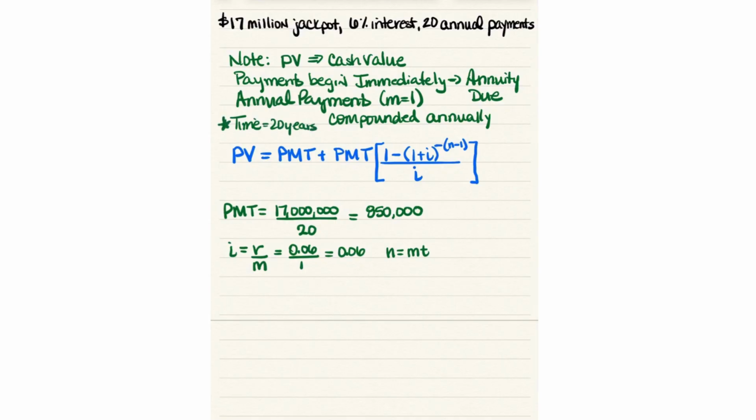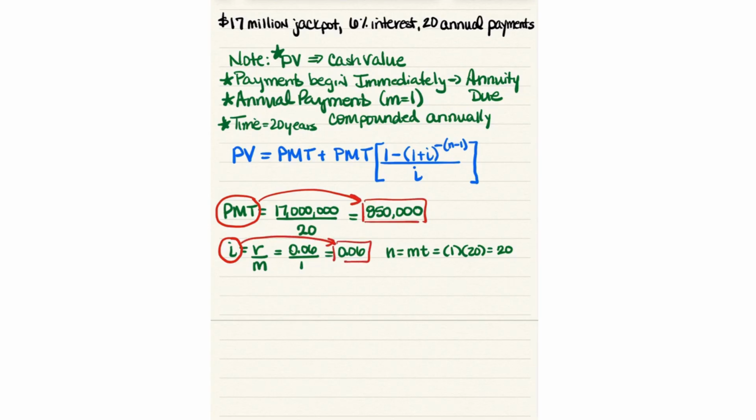So we have the notes that we jotted down. This is going to be 1 because it's compounded annually, times 20, so our N is going to be 20. Now we have all the pieces we need: our payment, our interest, and our complete time period for this annuity due.